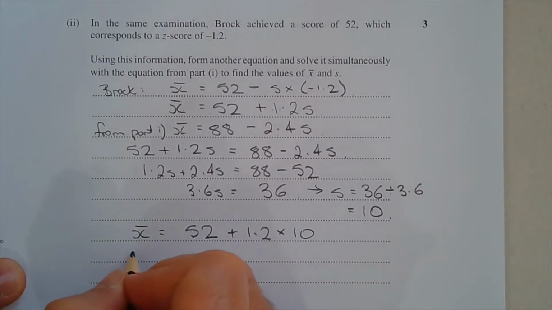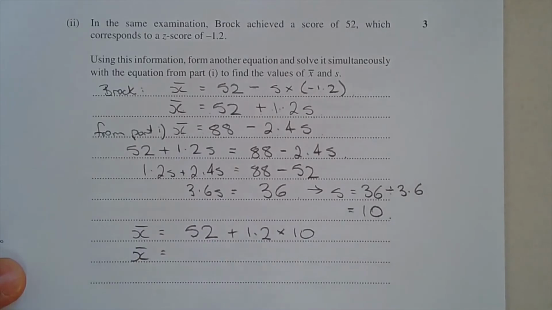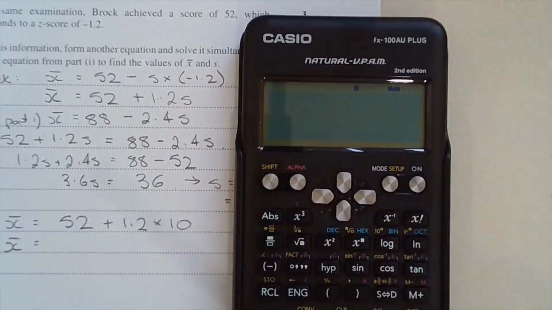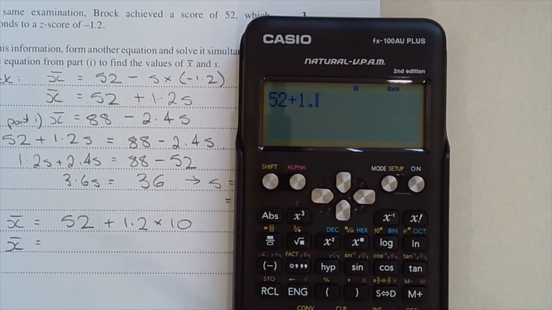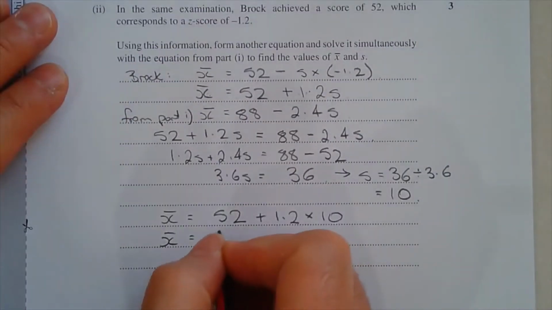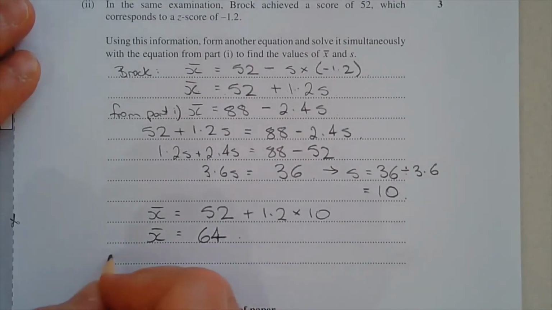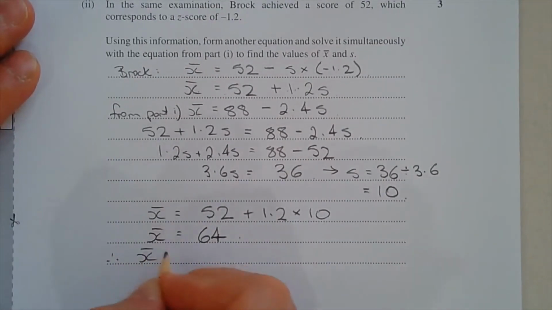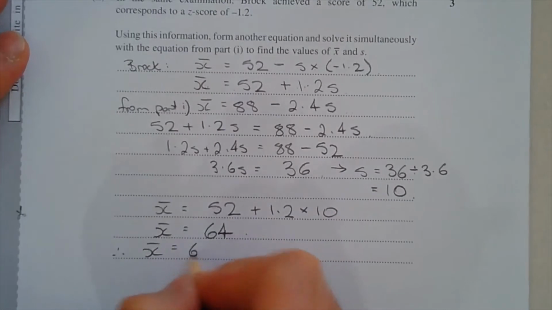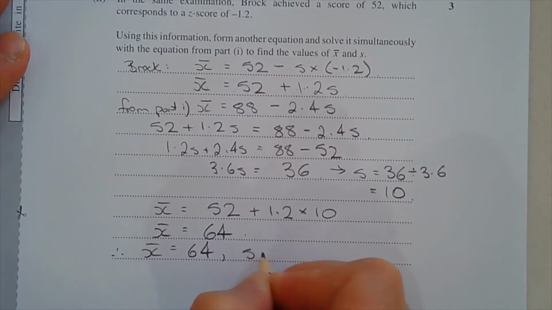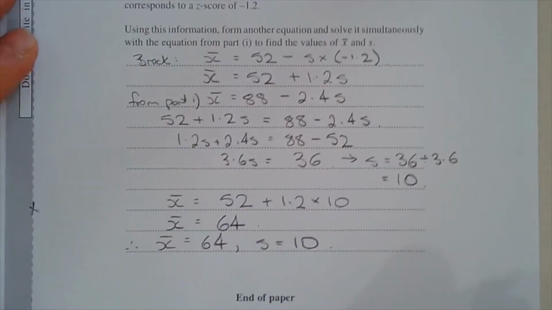Evaluating that, 52 plus 1.2 multiplied by 10 is equal to 64. Therefore X bar is equal to 64, and the standard deviation is equal to 10.